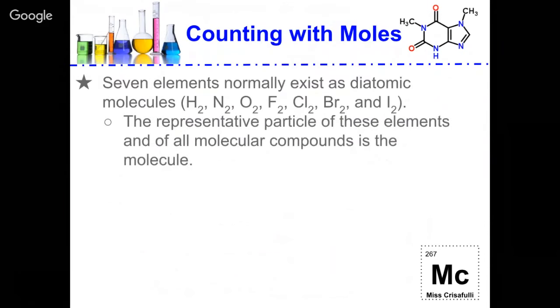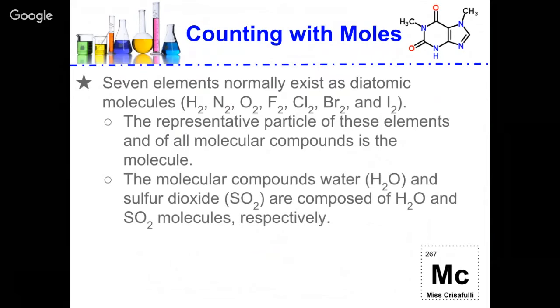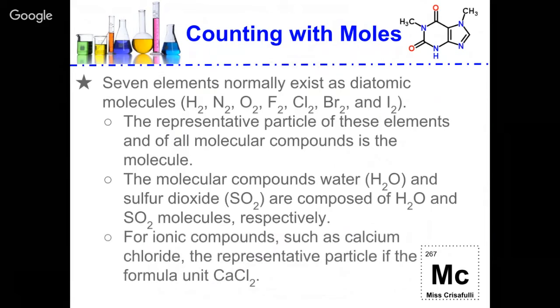The representative particle of these elements and of all molecular compounds is a molecule. The molecular compounds water and sulfur dioxide are composed of H2O and SO2 molecules each. And for ionic compounds such as calcium chloride, the representative particle is a formula unit. So remember, molecular compounds have molecules, diatomic elements are molecules, and ionic compounds have formula units.